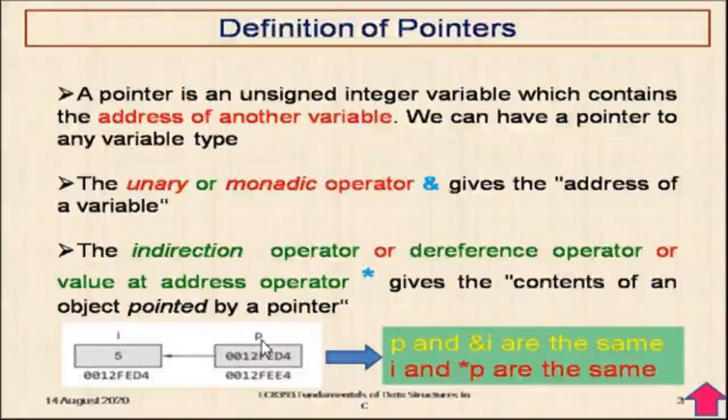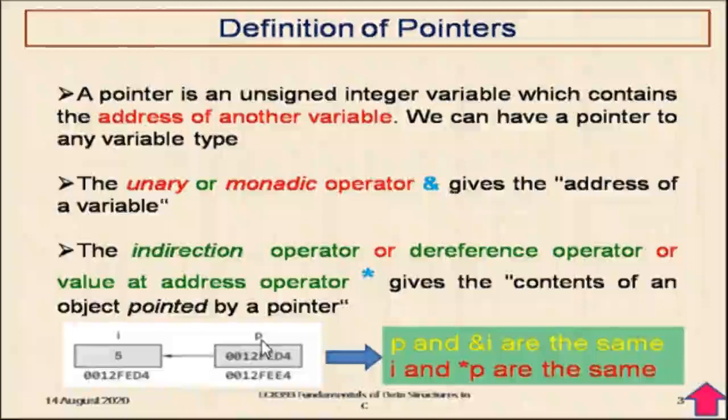Whereas P is a pointer variable. The pointer variable, we have seen, is an unsigned integer variable which holds the address of another variable.